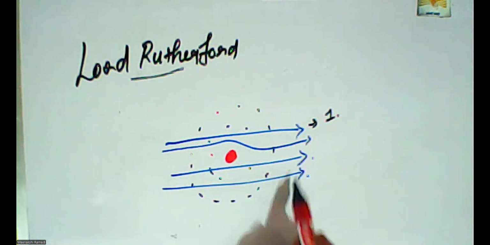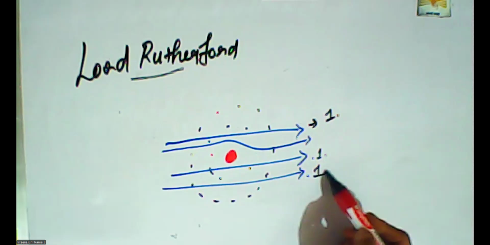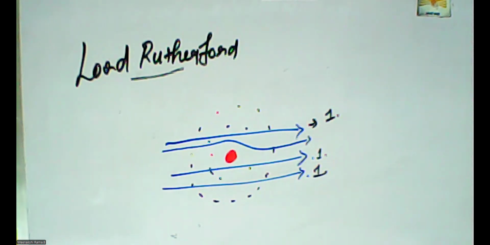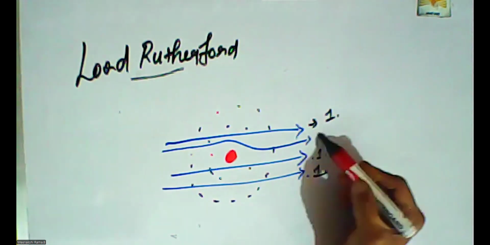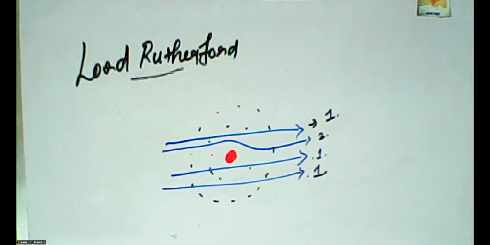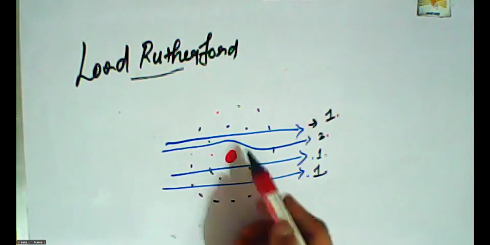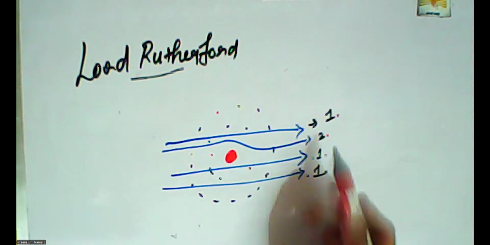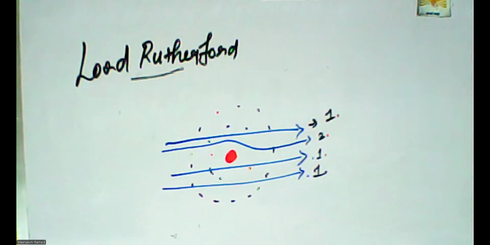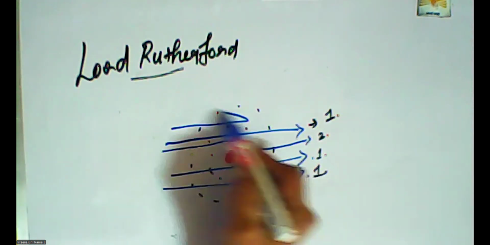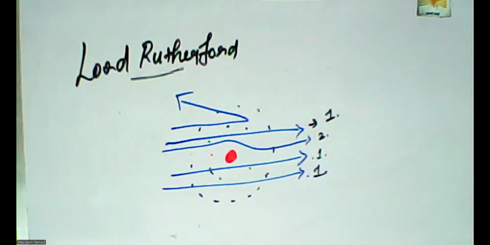So these three passed in the same straight line. This is the second point: some particles are deflected in that area. The third one is that some alpha particles are bounced back, coming back the same way.